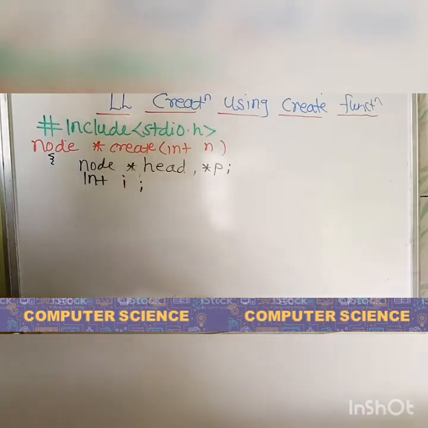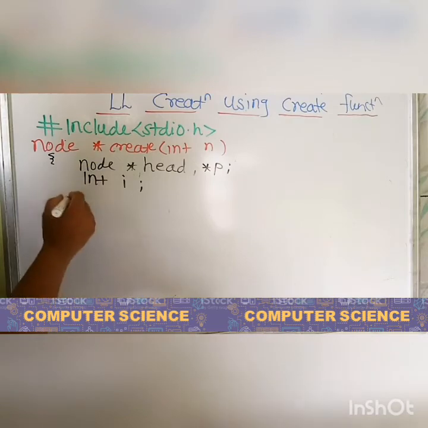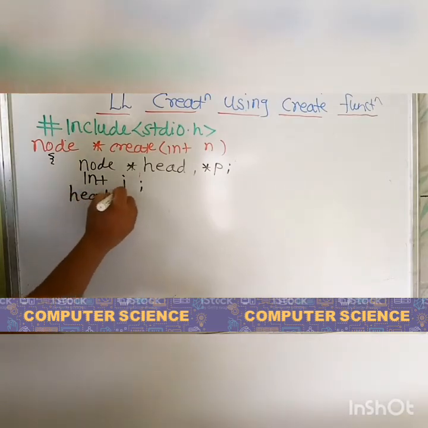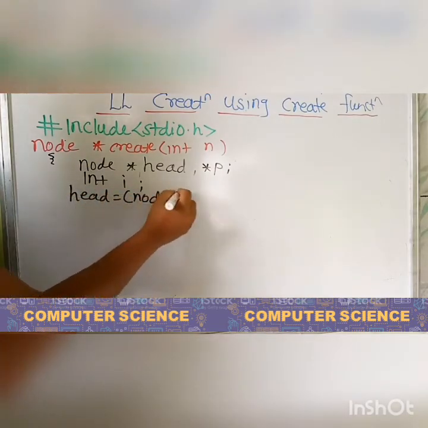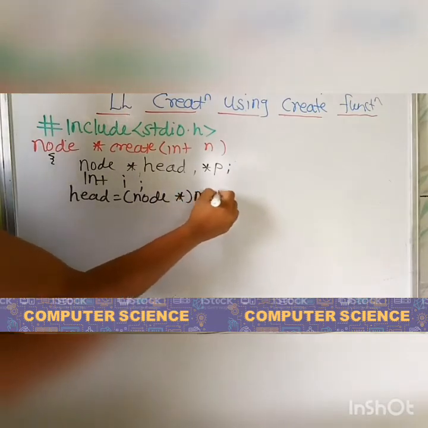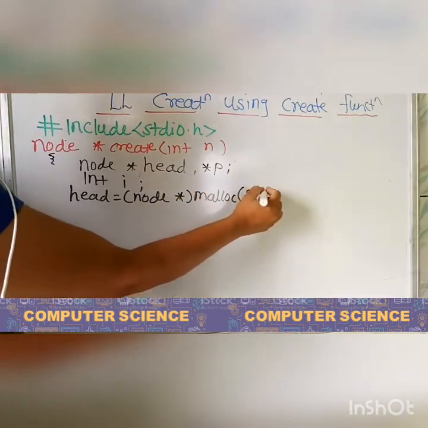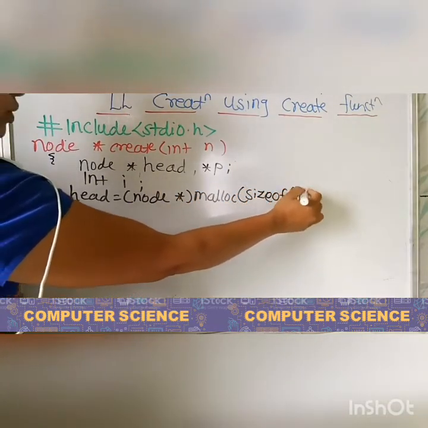Then we have knowledge that when we have to take any new node, we have to allocate memory, then assign the data element and make its next pointer NULL. So we will allocate the memory like head equals node star malloc sizeof node.